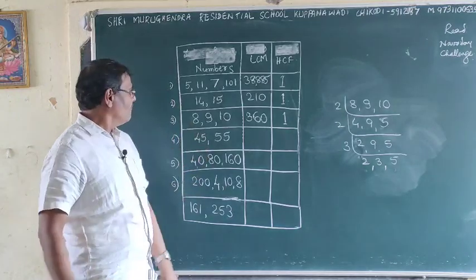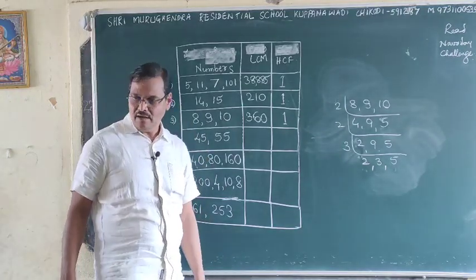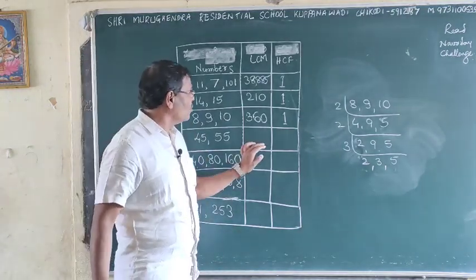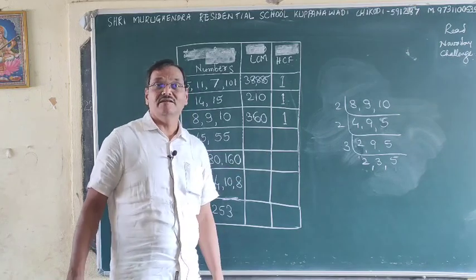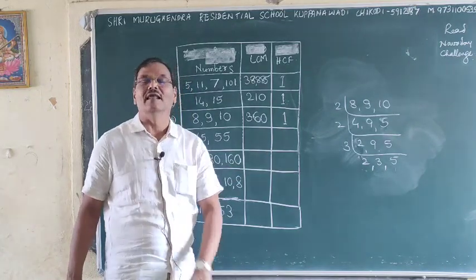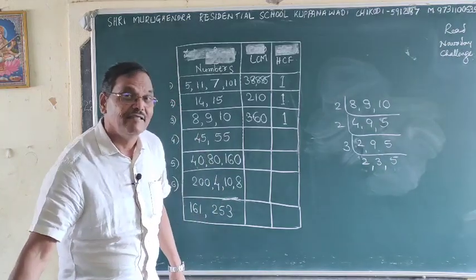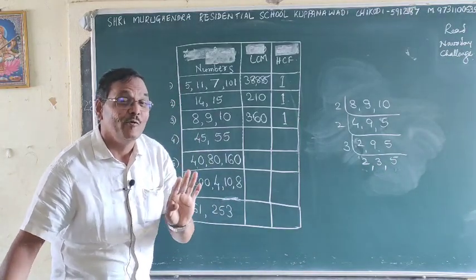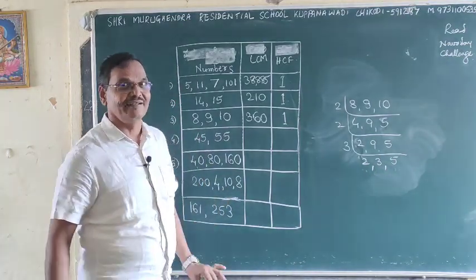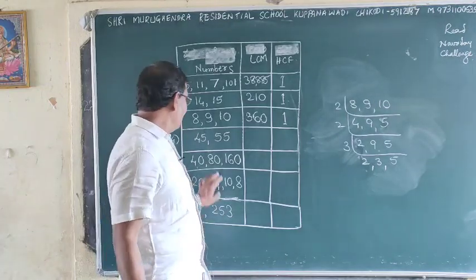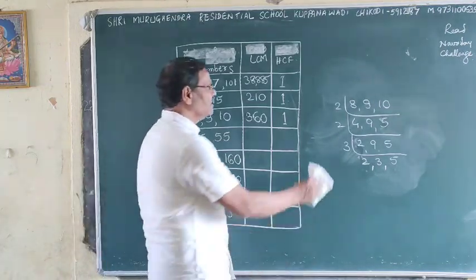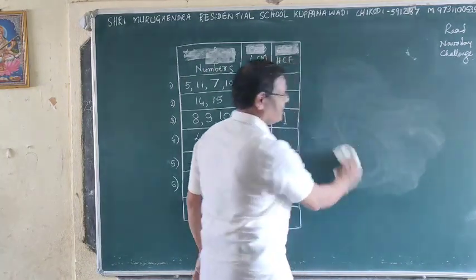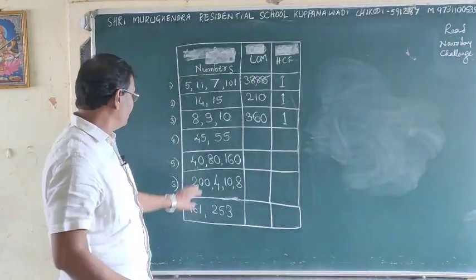Okay, now 45 and 55. Whether we have to go for LCM or HCF first? First do HCF. Then you can understand which common factor is there. Here it is seemingly divisible by 5 because both numbers end with 5.